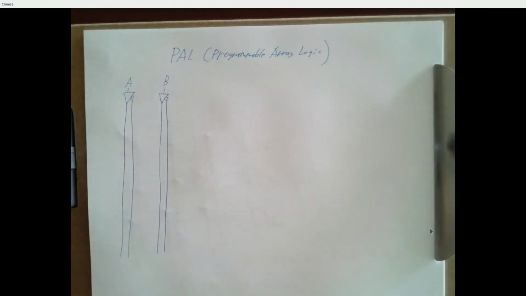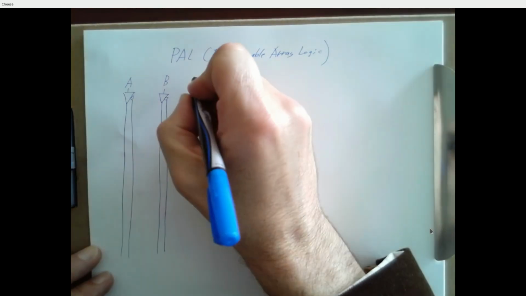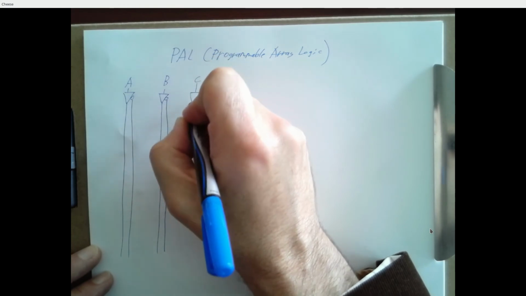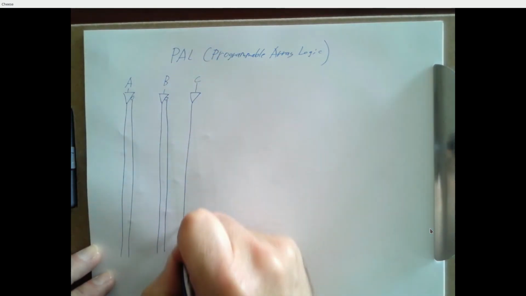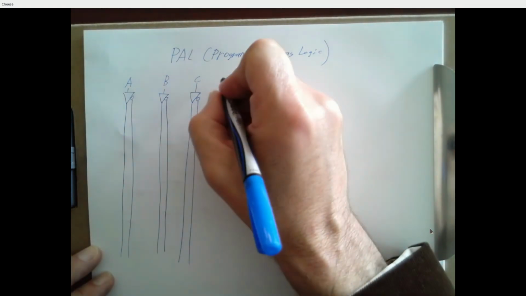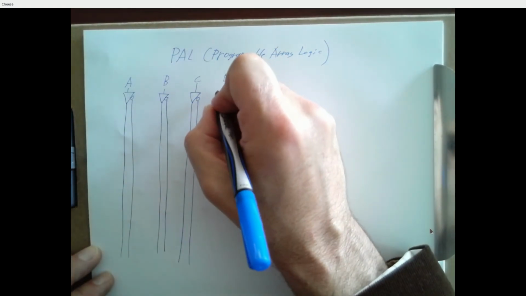I'm drawing my input A, and I've got two things coming off. The thing coming off the triangle is just A. The thing coming off the little circle is A bar. So it's a slightly more succinct way to draw these inputs. And I don't know, let's give ourselves 4 inputs.